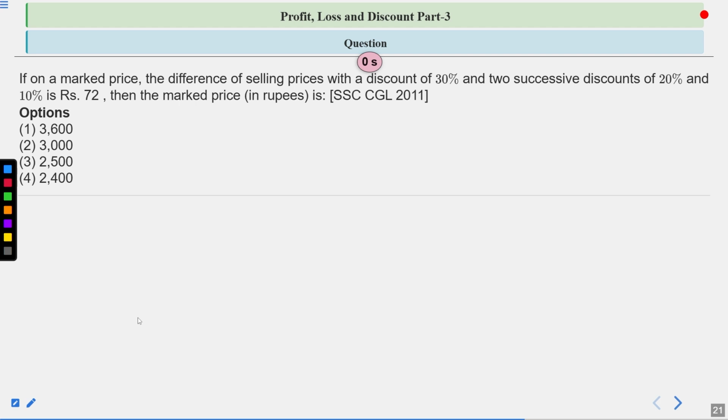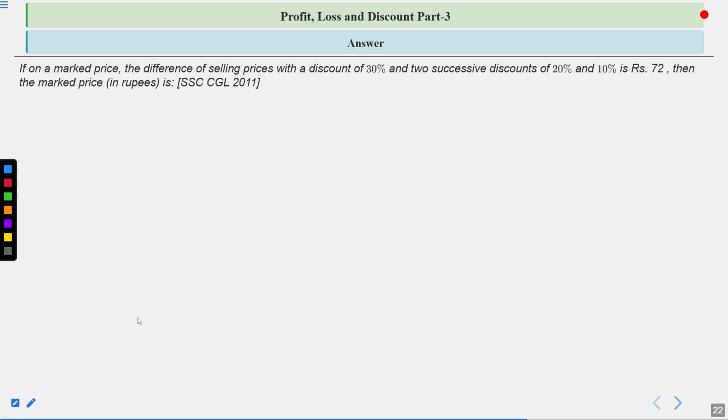Now time's up. Let's see the solution of this question. So the question says that if on a marked price, the difference of the selling price with a discount of 30% and two successive discounts of 20% and 10% is 72 rupees, so what is the marked price? So we can calculate first the difference between the discount of 30% and the successive discount of 20% and 10%.